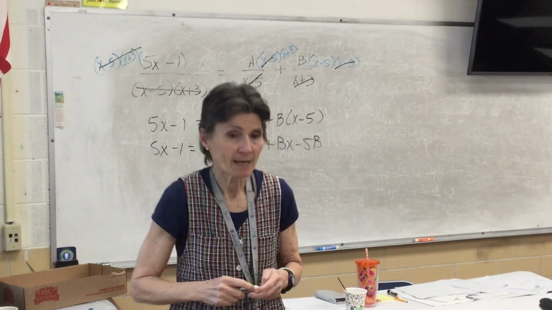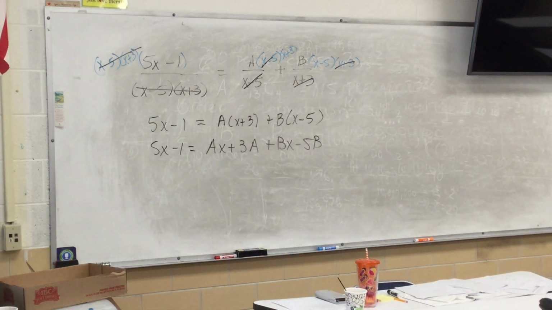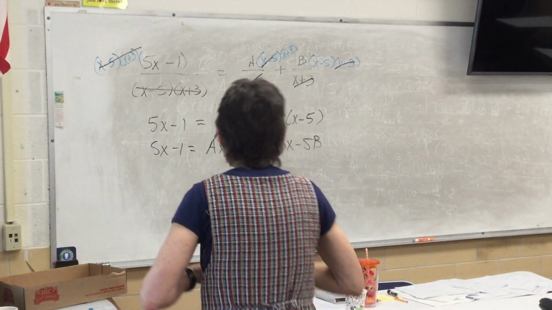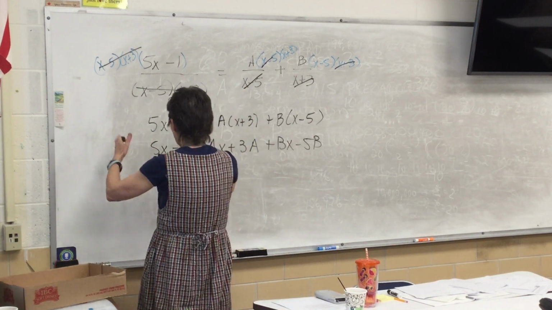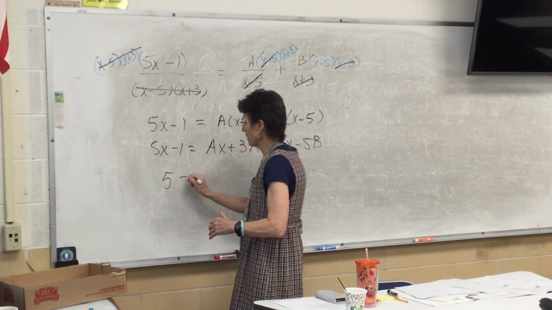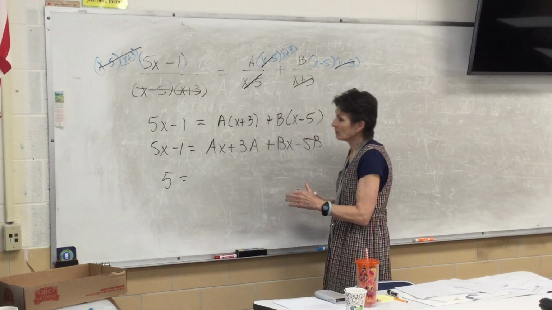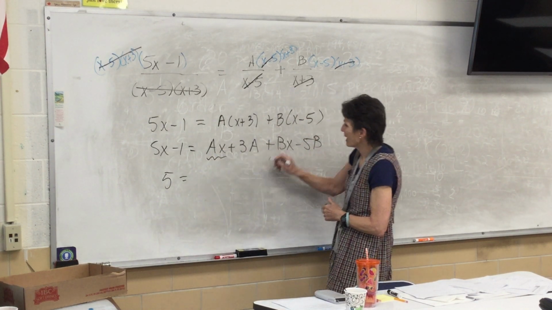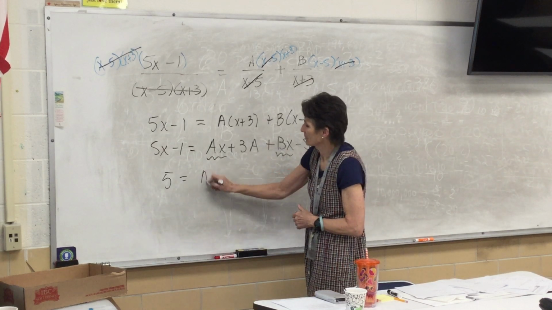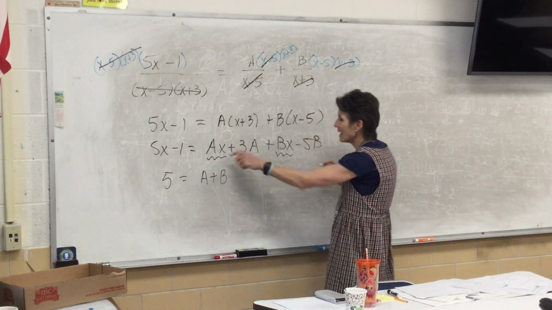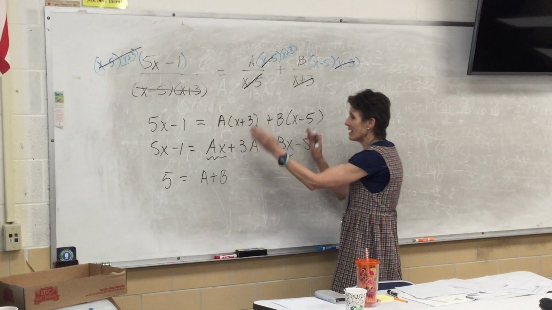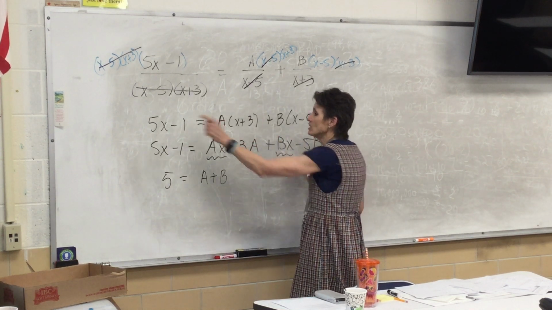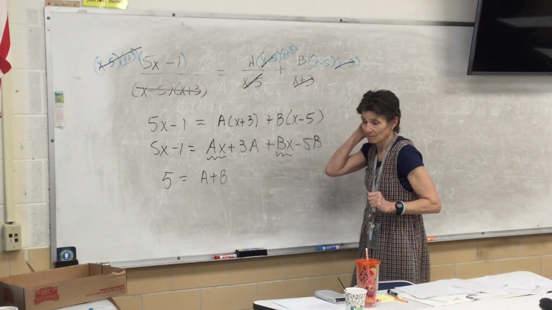Now keep in mind, this is an equation. And because it's an equation, the x's on the left side, and there are 5 of them, have to equal the number of x's on the right side, which are a plus b. So whatever a and b are, they have to add up to 5 so that I end up with 5x.